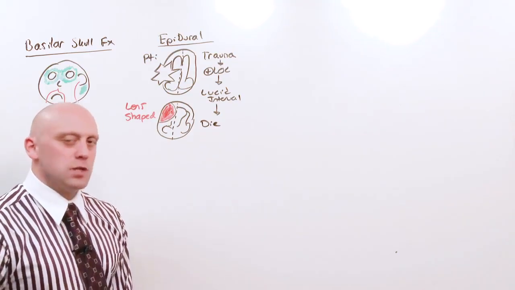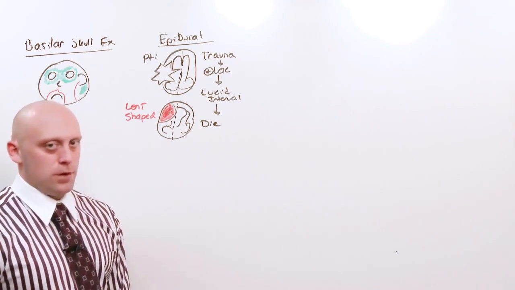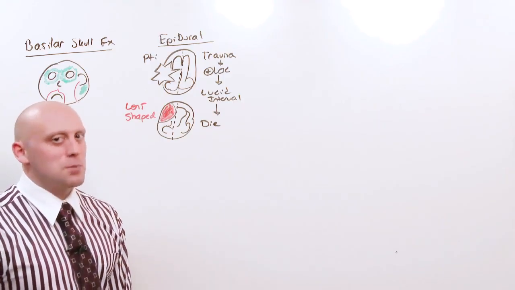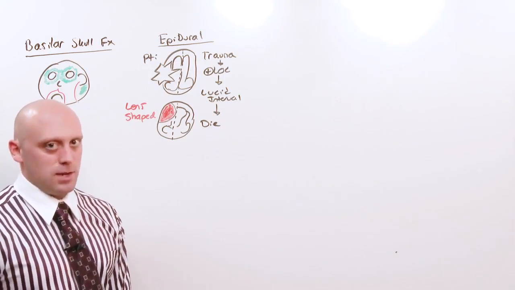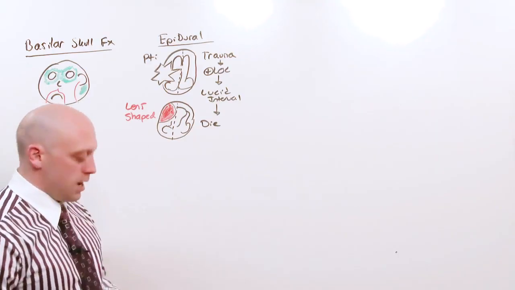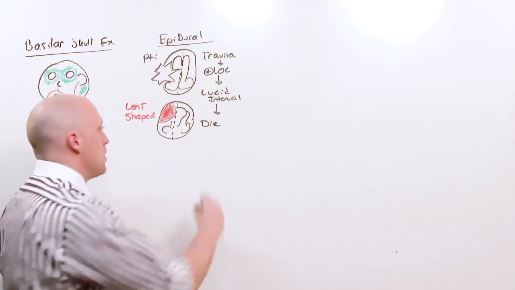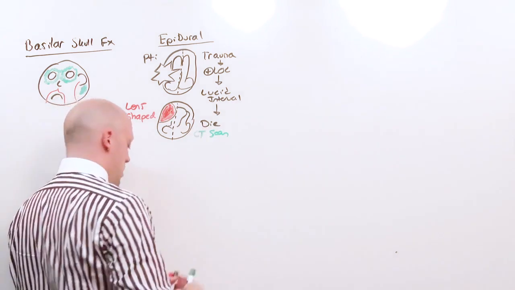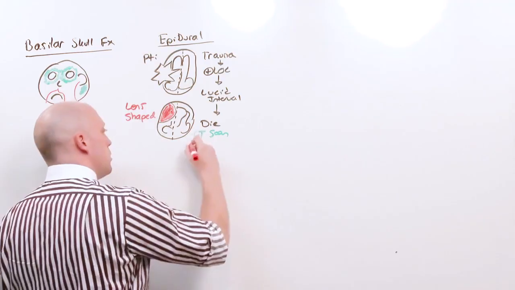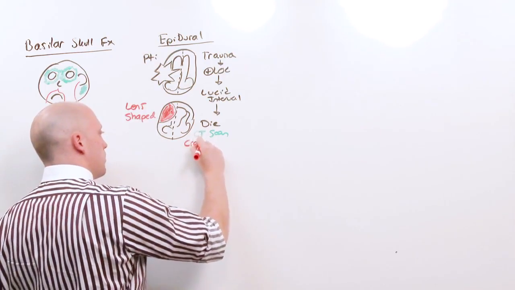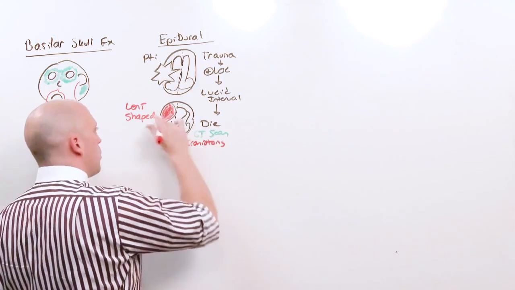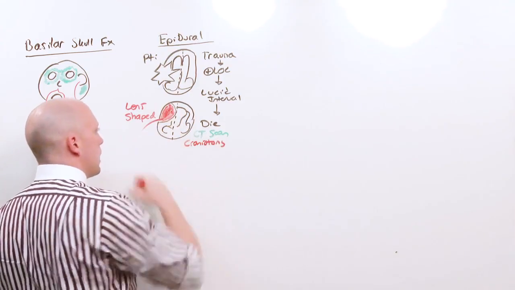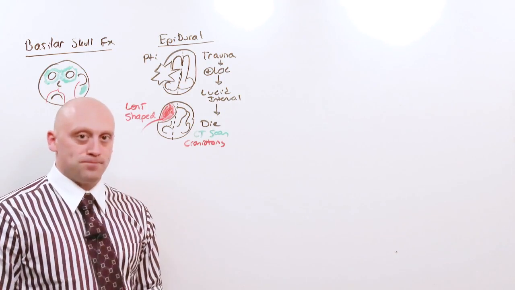This is why if someone has trauma hard enough to lose consciousness, they probably need a CT scan, especially if we're talking about side of the head or skiing injuries. You get a CT scan, and then having identified the hematoma, you drain it with a craniotomy. Neurosurgery puts a hole or removes the skull and allows the bleed to drain.